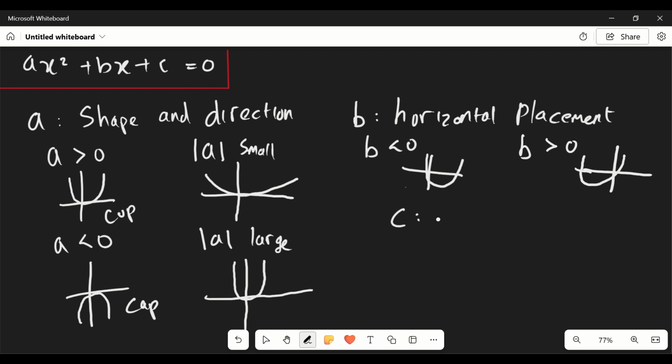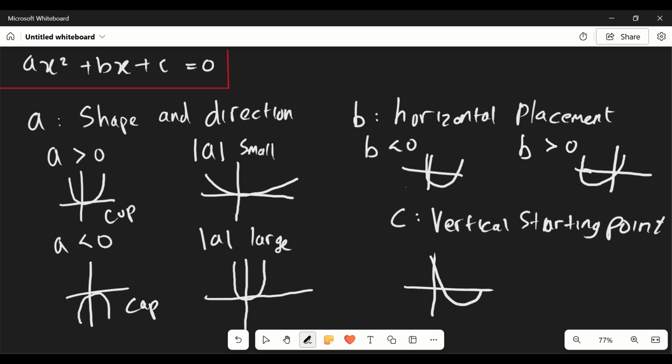And c controls the vertical starting point, which means that if the graph's intercept on the y-axis is some value, for example 3, then c must be 3 in the equation.